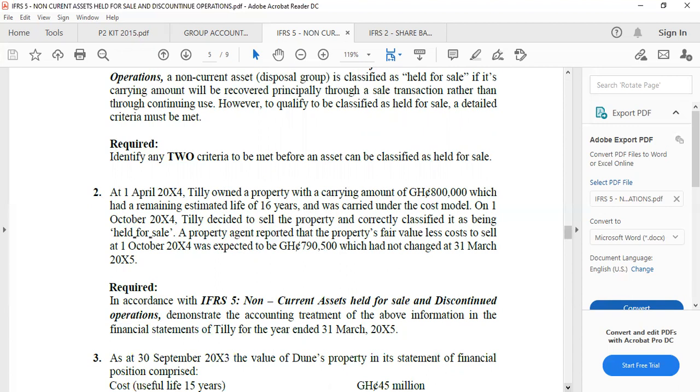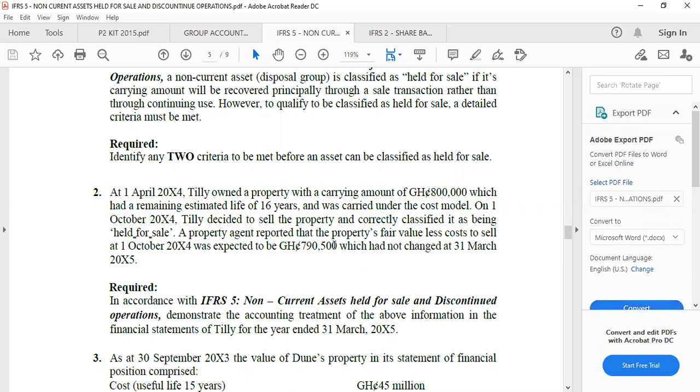Okay. So they have given us a carrying value at April 1, 20x4, isn't it? When did the entity decide to sell the asset? At what date? On 1st October. How many months after? 6 months.